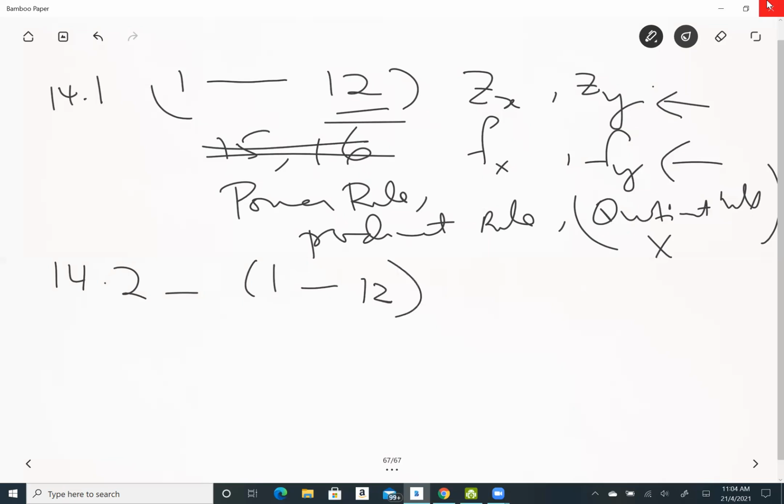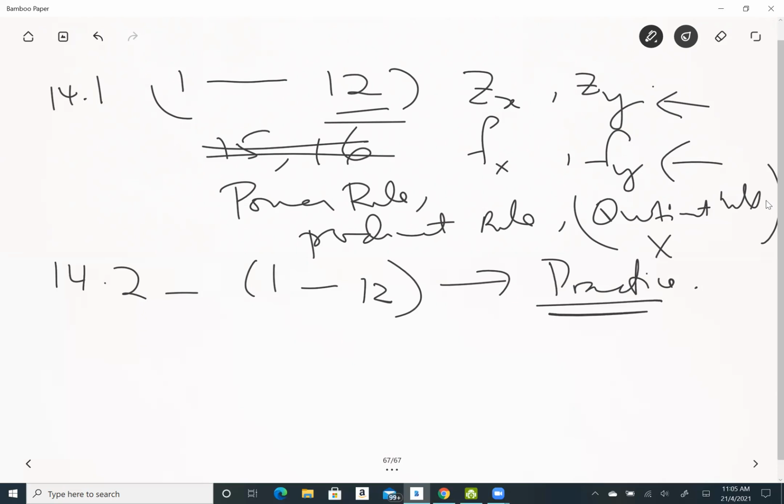You will see there in 14.2 product rule, quotient rule. So quotient rule, product rule, everything is covered in chapter 14.2. I think you should practice a lot, so that we will be clear on that.